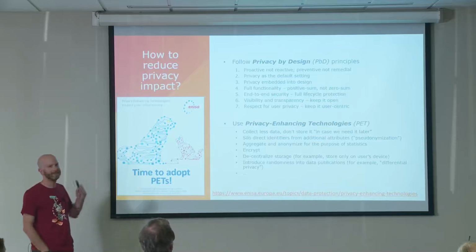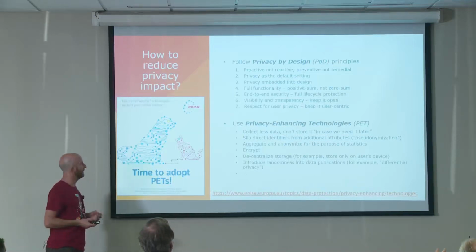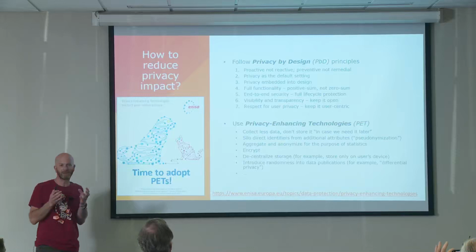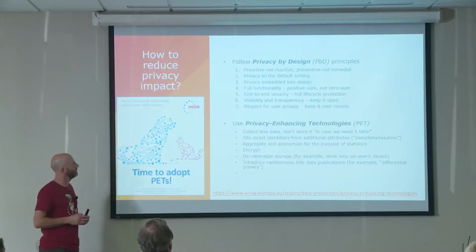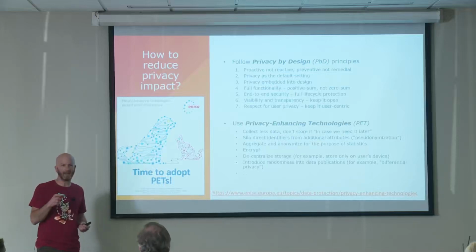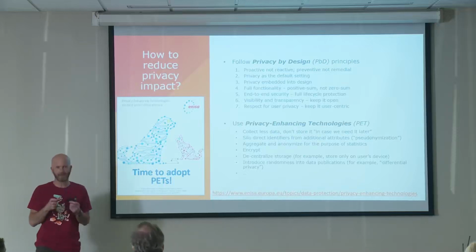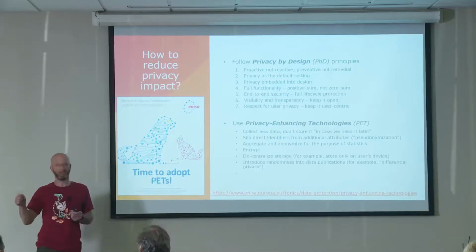One is privacy by design, and those are really process principles for how we can design applications and processes with privacy in mind. Things like privacy options: for any settings that impact a person's data being processed, the default should always be privacy-minded. The default should always be that we don't do it until you opt in.